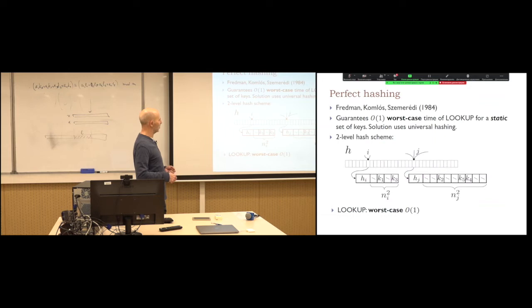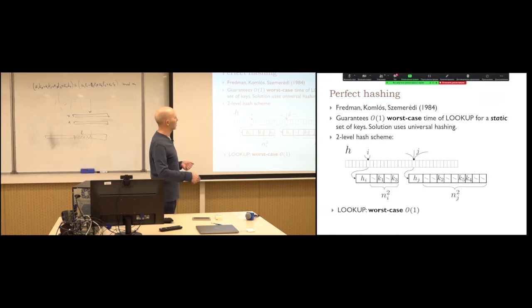So if we succeed to do this, then the worst case lookup will obviously be constant. We just go to the corresponding bucket. If it is an ambiguous bucket, then we go to the second hash table and pick the object. So the whole point is, well, there are two questions here. One question is why this is linear space. These are quadratic size hash tables, and it's not obvious.